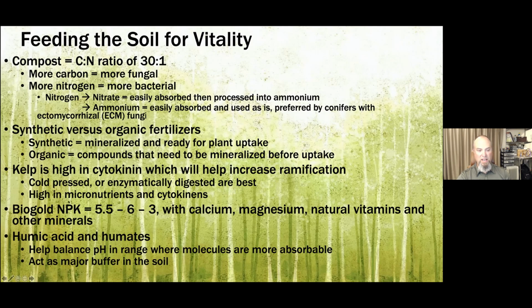Every fertilizer package should have an NPK and those 3 numbers listed. That's your nitrogen, phosphorus, potassium, telling you how much of each. If those numbers are under 10, chances are you're looking at an organic fertilizer. If they're above 10, chances are it's a synthetic fertilizer. That's a pretty easy way to tell the difference between the two.